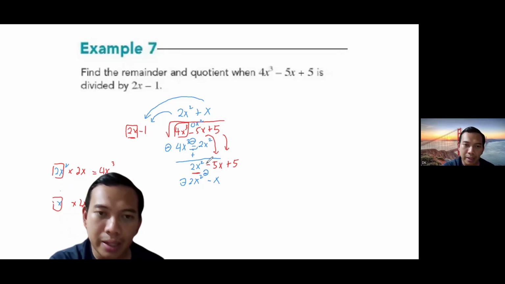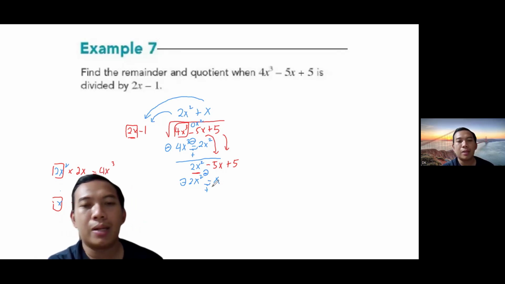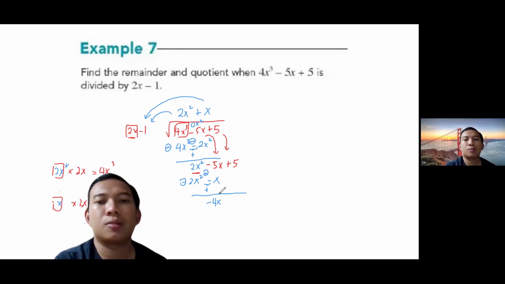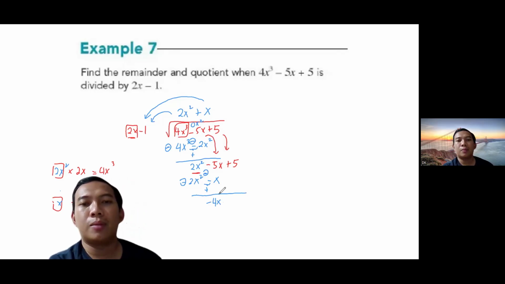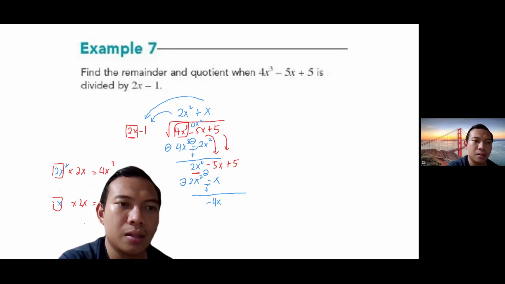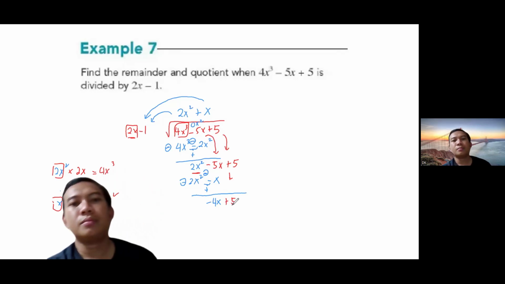So minus 5x minus x, we get a plus, so minus 5x plus x, we get a minus 4x. So with this thing, you have to be very careful with the minus. Then the last one, bring down plus 5, because we didn't do anything with the plus 5.